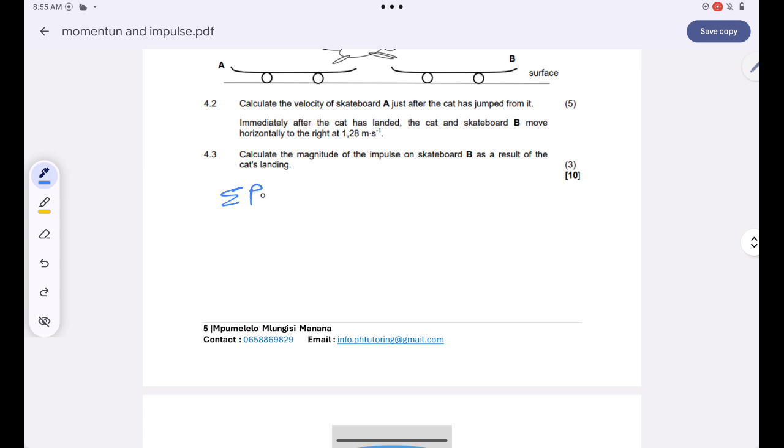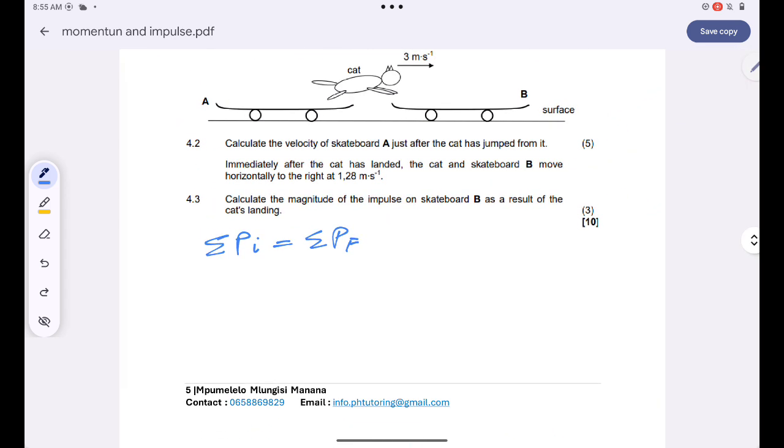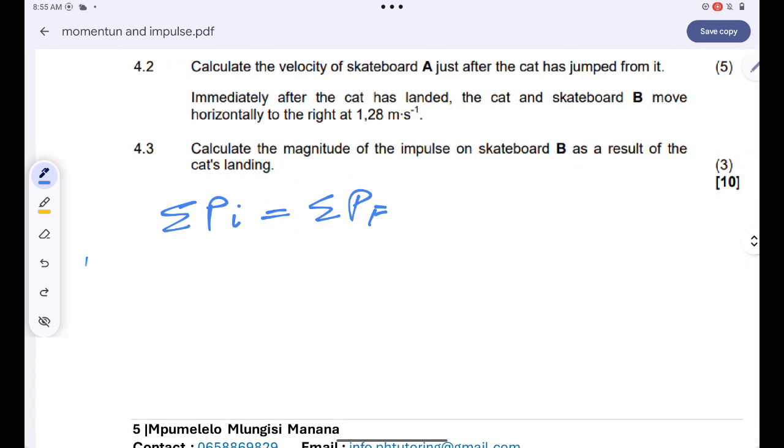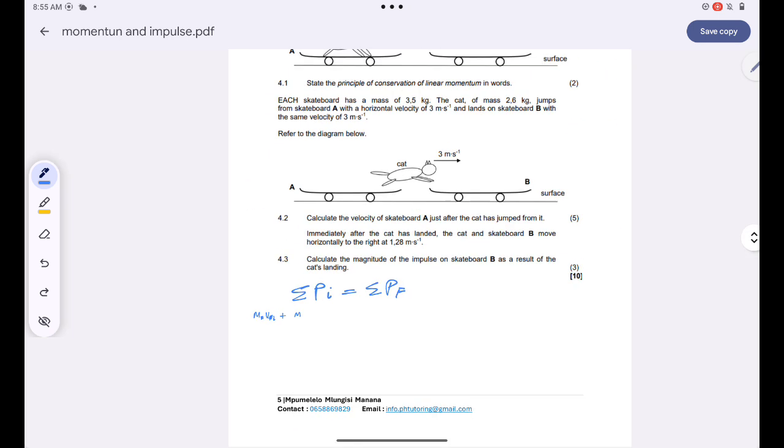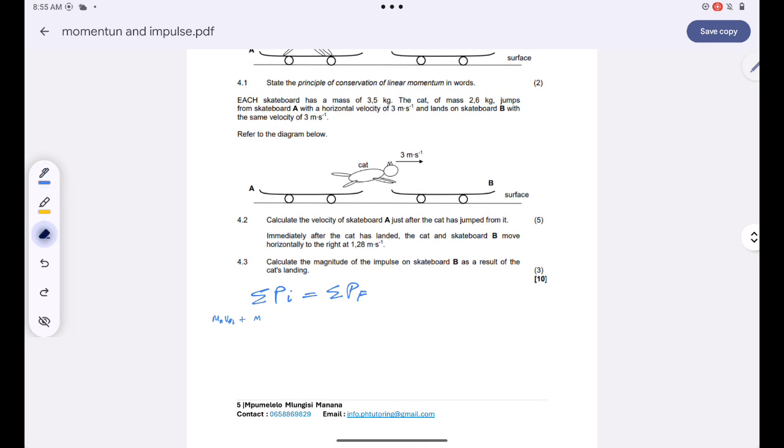Simply say, since we have an isolated system, for every collision that happens, momentum is conserved. So it will be the mass of skateboard A multiplied by the velocity of skateboard A initially, plus the mass of the cat, but initially they were together.